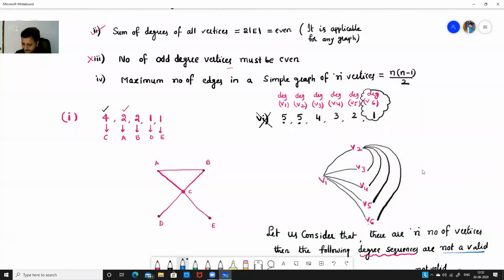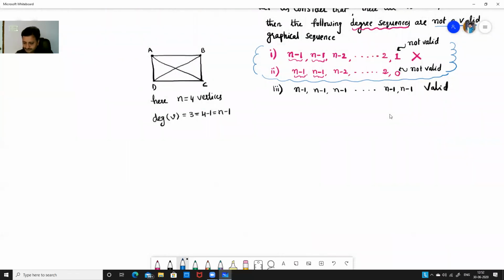Question number 7. There is a 5 vertex graph. In that graph, 4 vertices have degree 3 and only one vertex has degree 2. Let me check, is it possible or not? Suppose we have taken 5 vertices, and each vertex has degree 3.